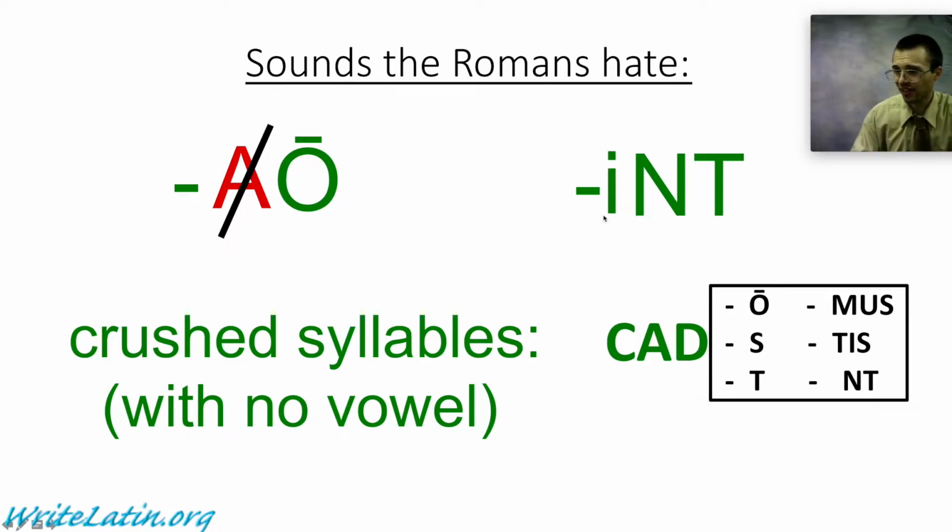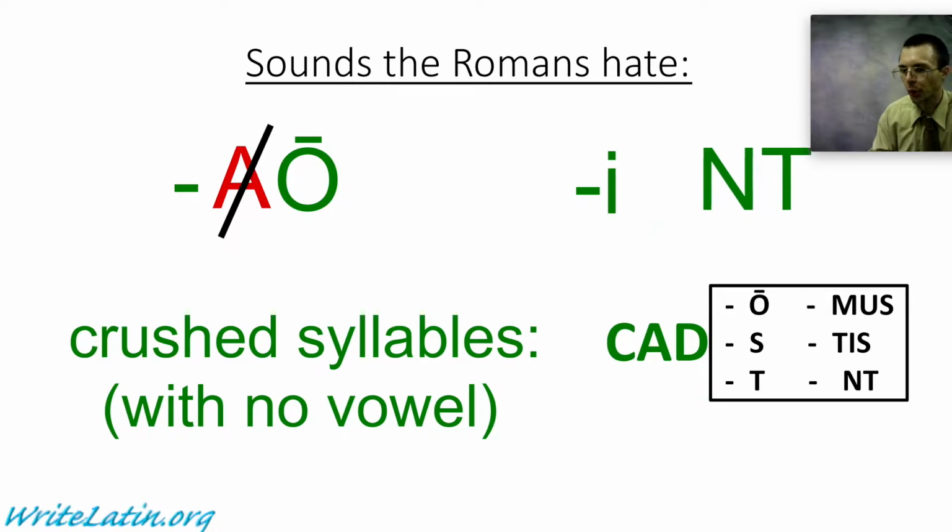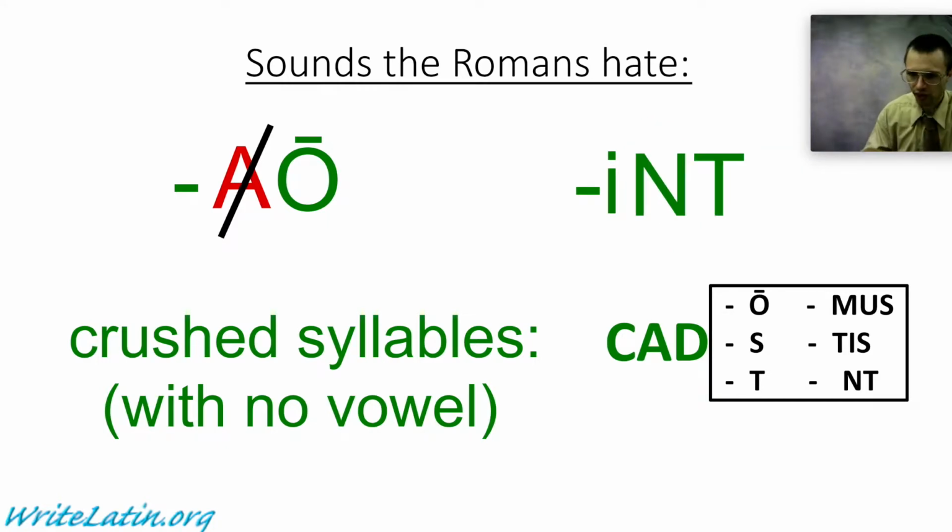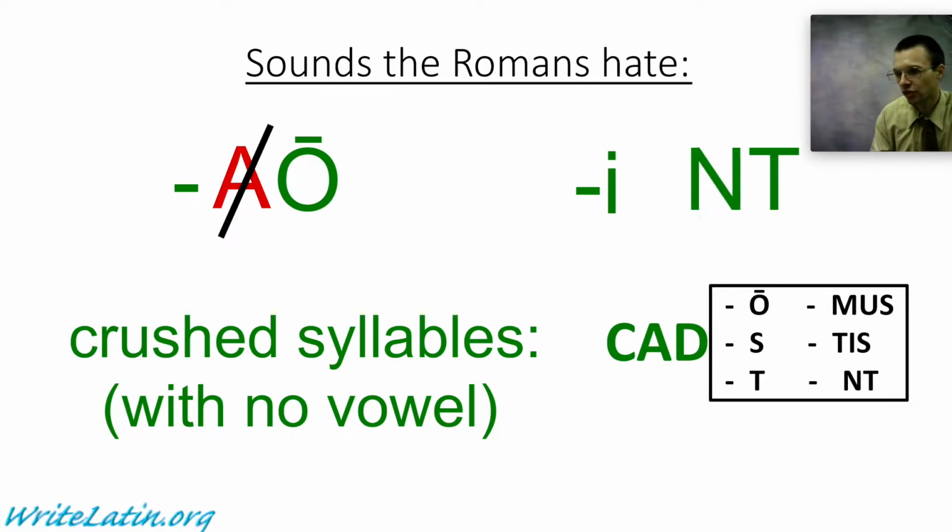I is a flimsy sound and nt is a strong grunting sound, and it doesn't sound good for those two to be together. So a grunting u will slip in. You'll almost never hear int. It always becomes unt. And that sounds nicer, doesn't it? So that's one of the reasons for the exceptions. Anywhere you see int, it will instead become unt.